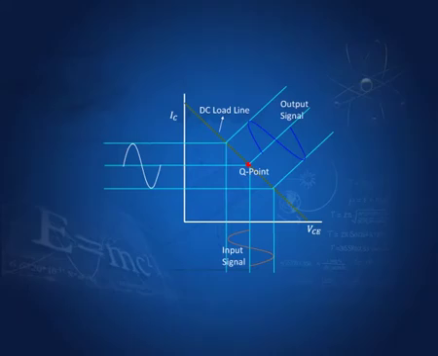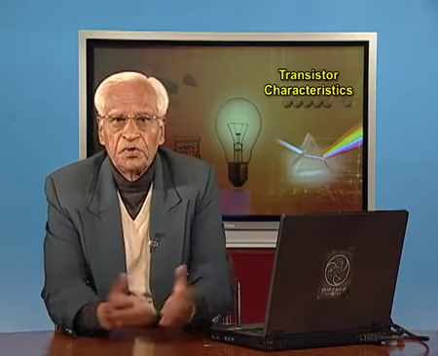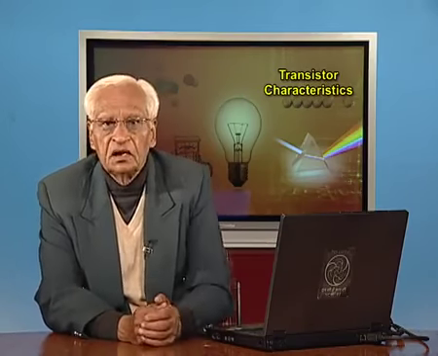If the Q point is in the middle, then the input signal is in proper shape and the output signal is also in proper shape, and they are not disturbed. If the Q point is here, then this as well as this, both or one of these could be affected, the shape would be affected.